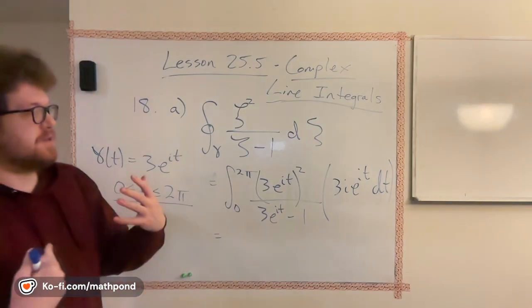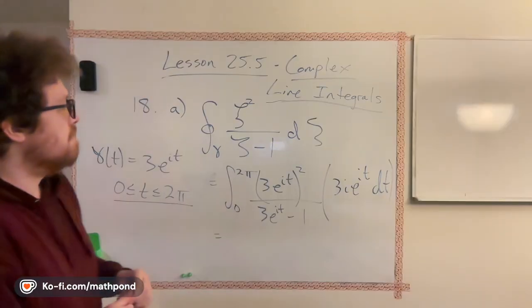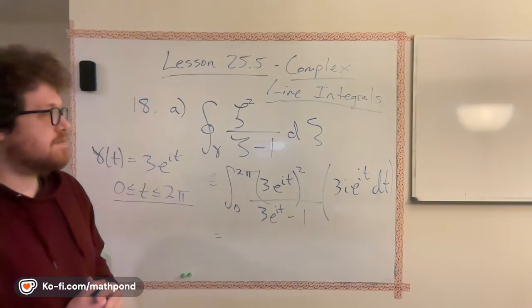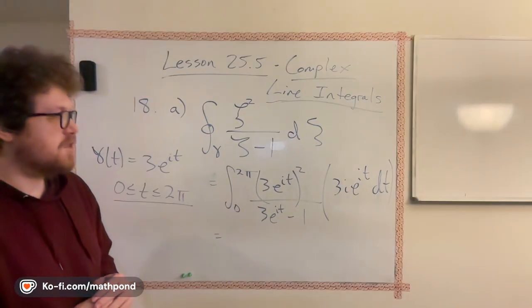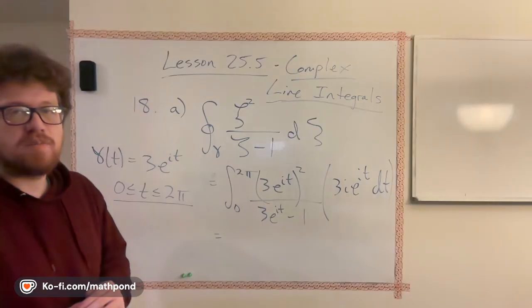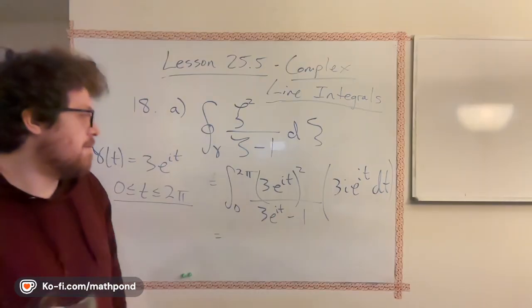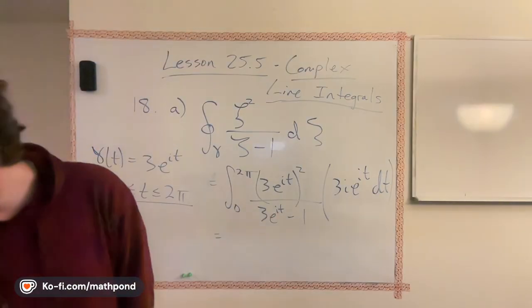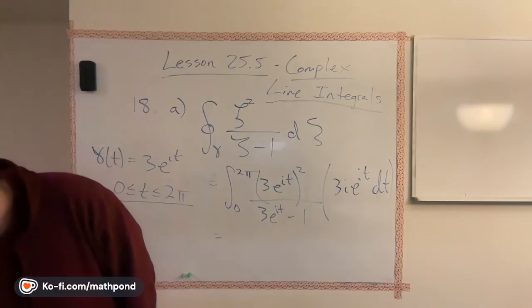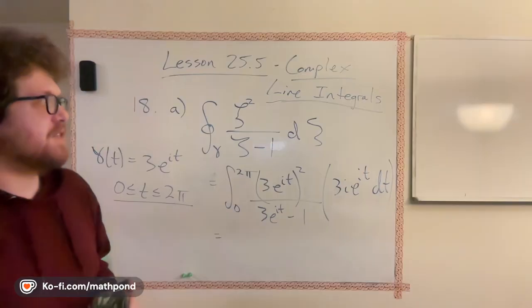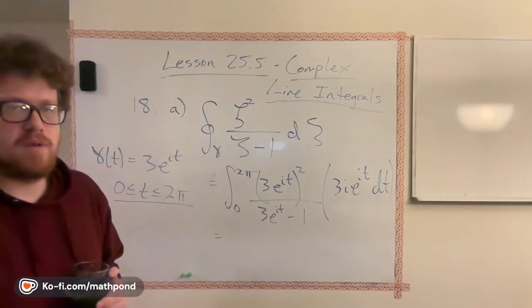We're trying to figure out what the value should be, just by definition, just by plugging in the parameterization. Unless I'm thinking of this wrong, right? I'm pretty sure this is before they even mentioned the Cauchy integral formula or theorem.